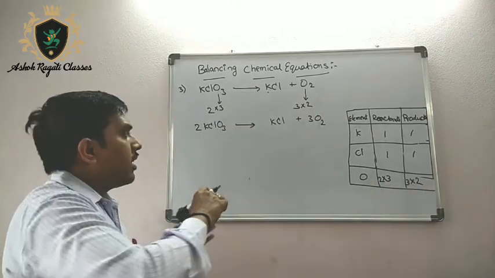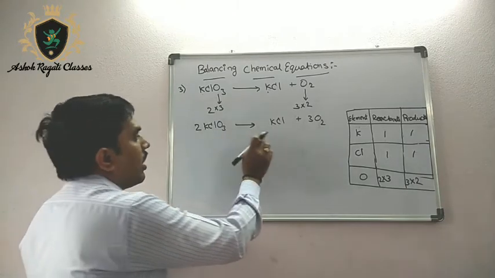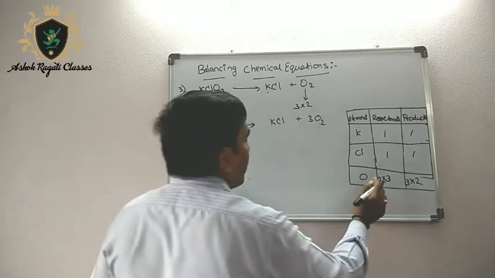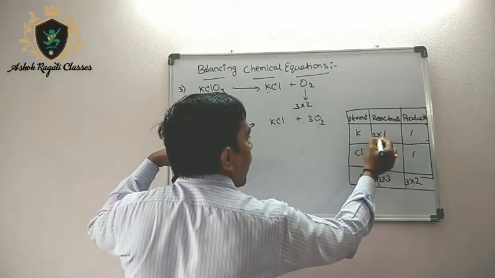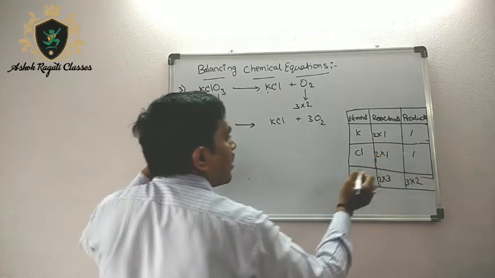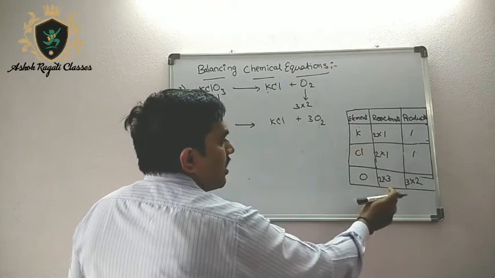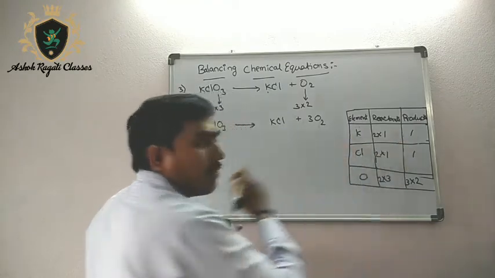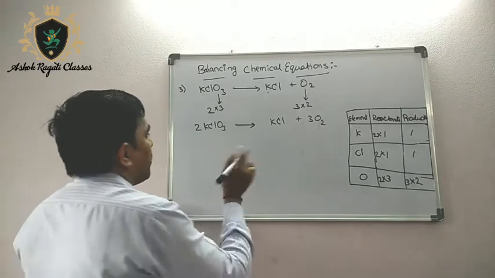With the oxygen, the potassium number is also becoming 2, and chlorine also. This 2 is applicable to chlorine as well as potassium. Now because of oxygen, these potassium and chlorine numbers are unbalancing.